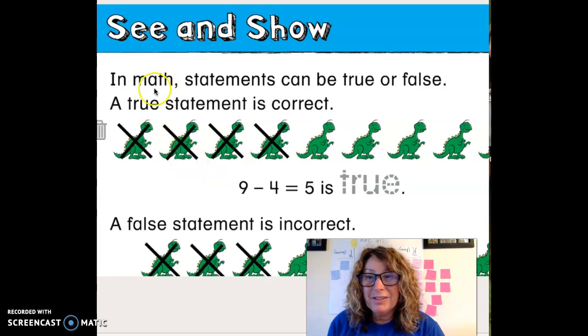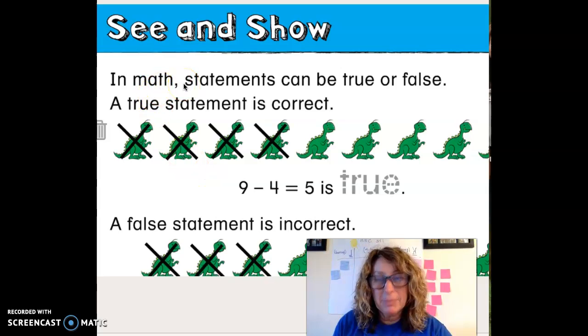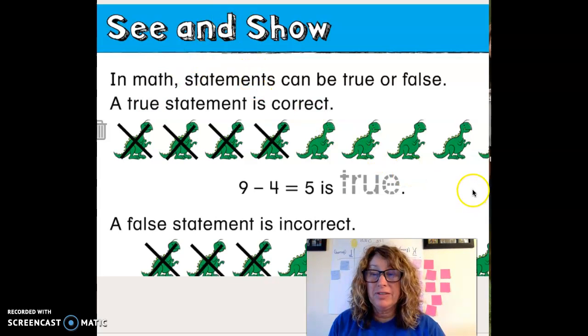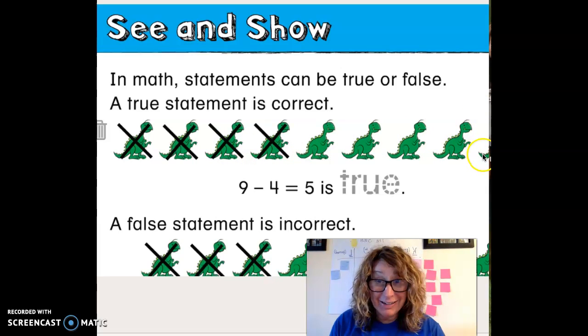All right, let's take a look at this. It says in math, statements can be true or false. A true statement is correct. Check out these dinosaurs. There's 1, 2, 3, 4, 5, 6, 7, 8, and there's one here. So that's 9. And they took away 4. Is 9 minus 4 5? 1, 2, 3, 4, and this is one here, 5.